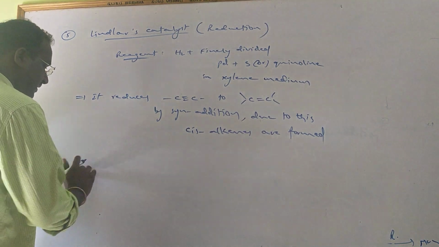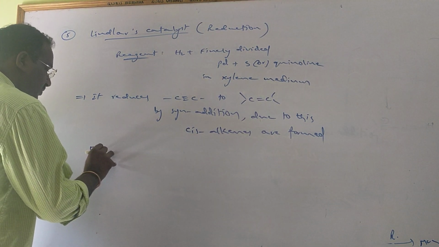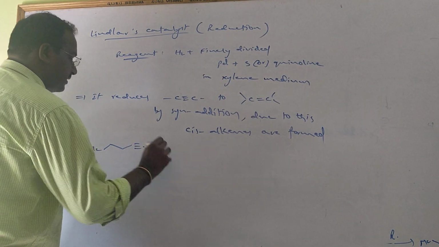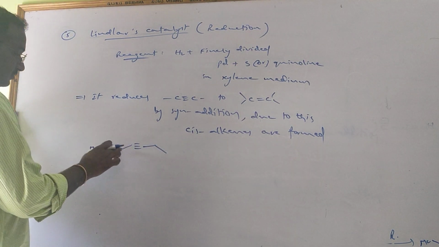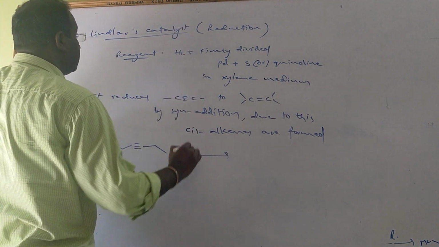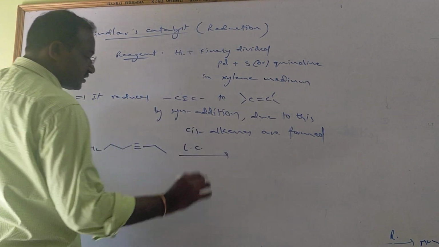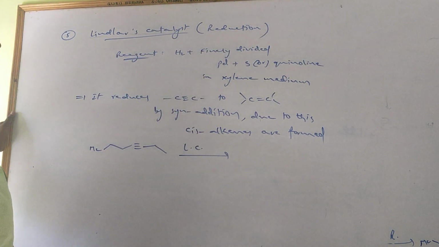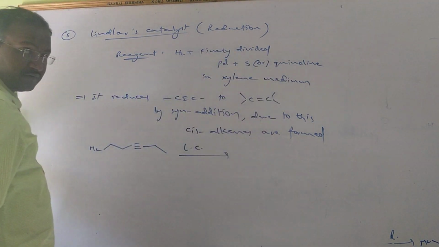Let us see an example: a methyl group, with a double bond and a triple bond, numbered 1, 2, 3, 4, 5, 6, 7. When treated with Lindlar's catalyst, I am writing the shortcut LC. All of these reagents should be there, but either sulfur or quinoline, any one will be there.